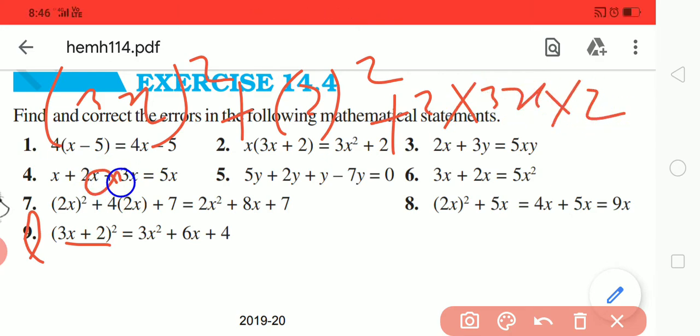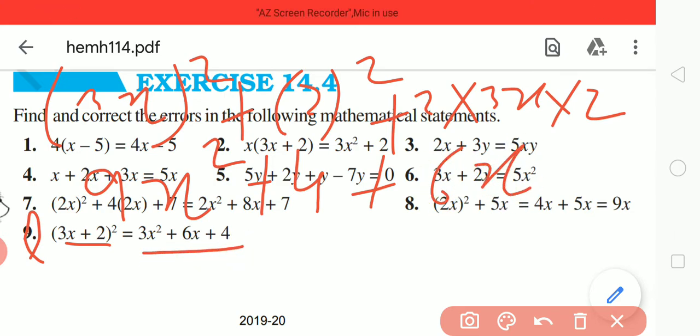So 3 square is 9, x square is x square, plus 2 square is 4, plus 2 twos are 4, 3 fours are 12x... so let us compare to the right hand side. 6x is there, yes. 4 is there, yes. But there is 3x square we have been given, but we must have 9. So 3 is wrong here. Circle 3 and write this correct form.